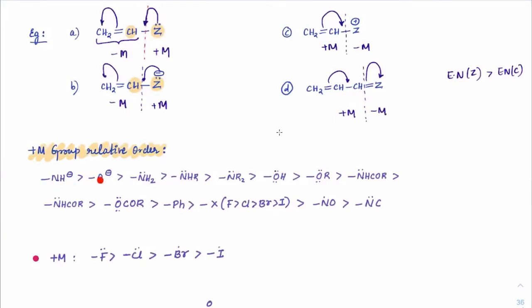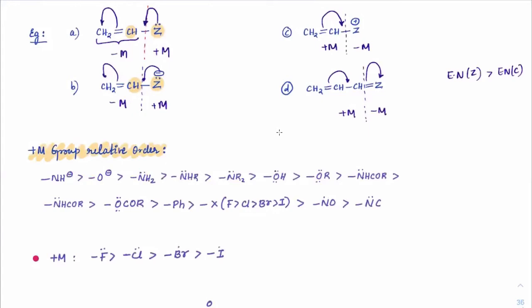Out of that also, if you have the same charge, like nitrogen has minus charge, oxygen has minus charge, then compare electronegativity. Less electronegative, more donation. Because it does not want to keep the negative charge with it, it can donate electrons faster. So NH minus will be better donating than O minus. Then, on the basis of donation of electrons here, got it?